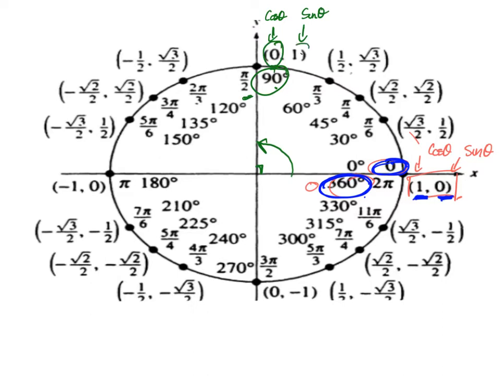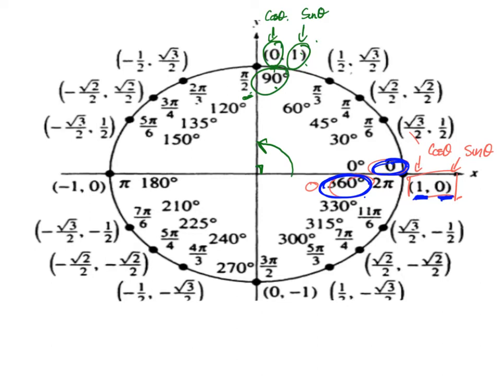Sine of 90 degrees is equal to 1. Same could be said, cos of pi on 2 is equal to 0 and sine of pi on 2 is equal to 1.